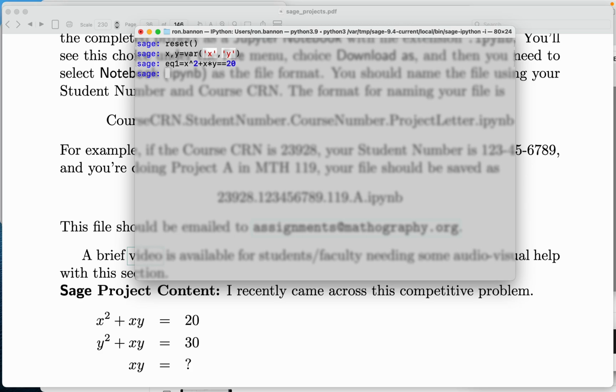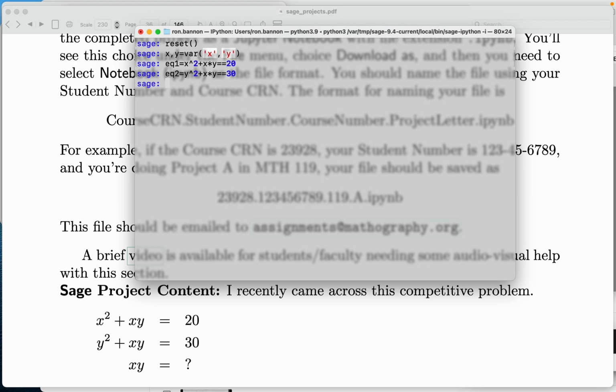And I'm going to define my second equation, EQ2, assigned y squared plus x star y, and that is equal to 30. You notice I'm using a double equal sign that indicates an equation.